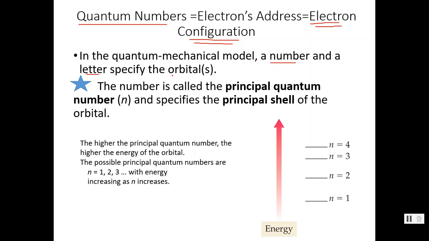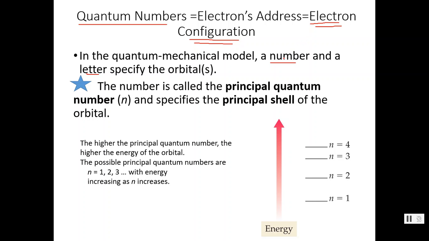Think about the orbital as like the house of the electron, where the electron resides. Every address for a house has a house number and a street. You can think about this number and letter as like the address for that house or for that orbital.